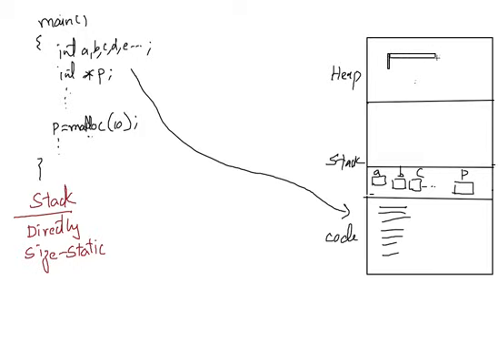So 10 bytes of memory is allocated from heap. And the address of this is stored inside P. Let us say the address of this beginning location is 5000. So 5000 is stored in P. So P is pointing to this location, to this memory.